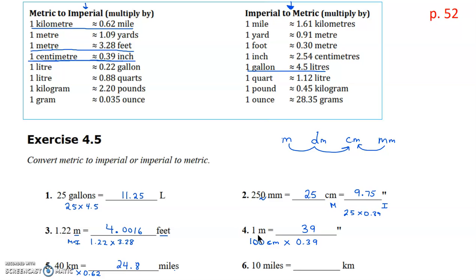For number 6, we're going the other way. We're going from miles to kilometers. So we're going from imperial to metric. So we're going to look at our right-hand table. And we see that 1 mile is equal to 1.61 kilometers. So we're going to multiply 10 by 1.61. And that will give us a result of 16.1 kilometers.